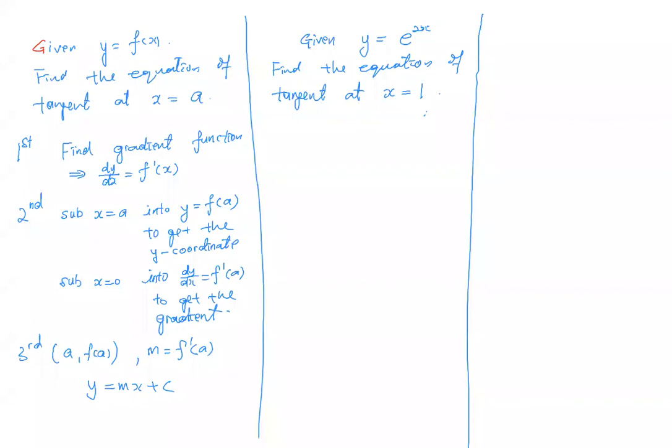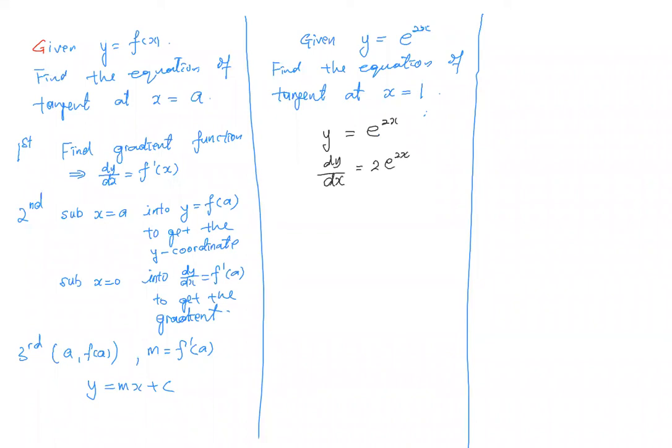So I follow the step. I got the y equal to e to the power of 2x. First of all, I get my dy dx. Sometimes you need to use product rule. Sometimes you use simple rule. So I write 2e to the power of 2x. Okay.